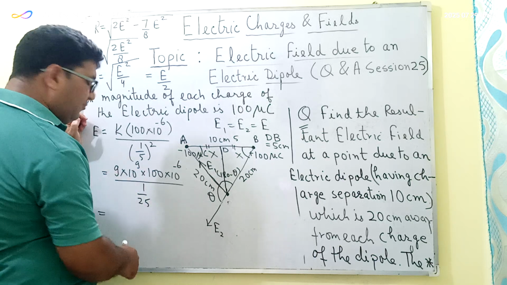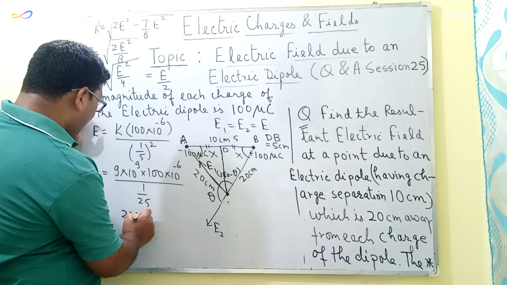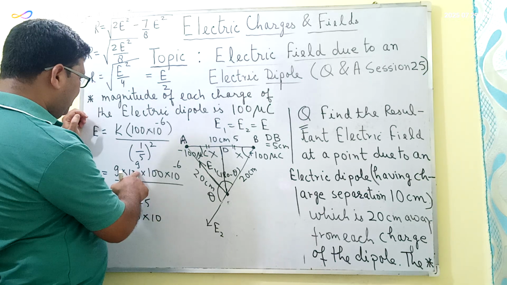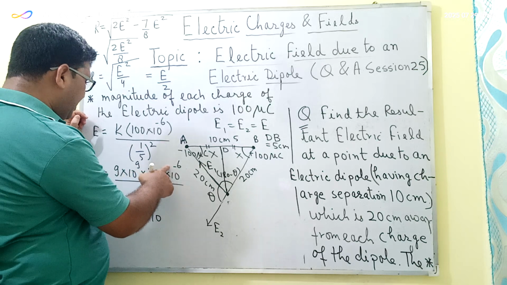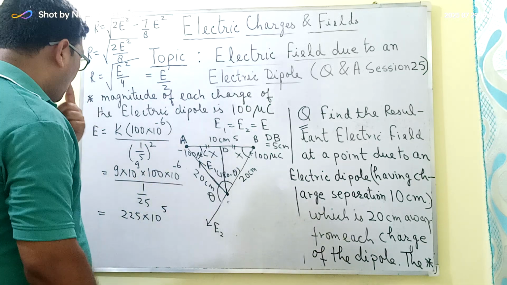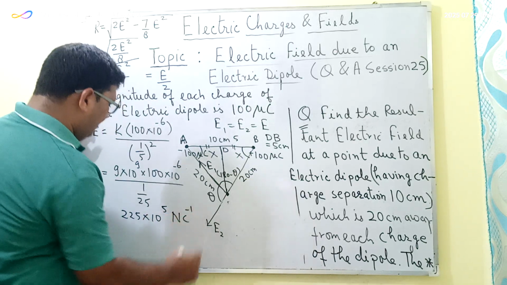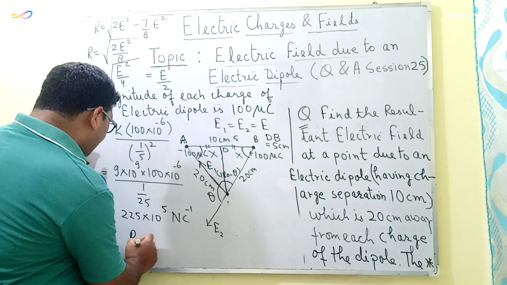Now this 25 will go in the numerator. So this will be equal to 225 into 10 to the power 9 minus 6 is 3, plus 2, 10 to the power 5 Newton per Coulomb.